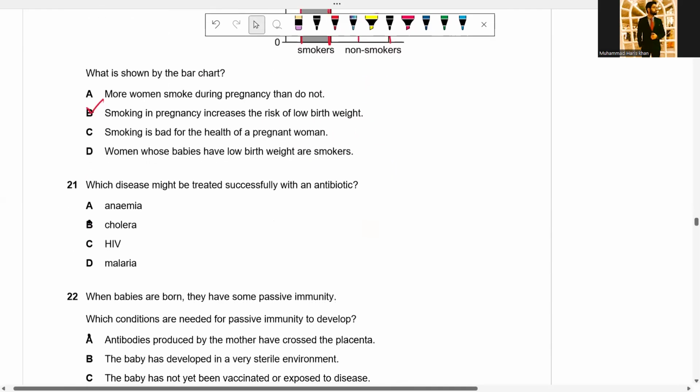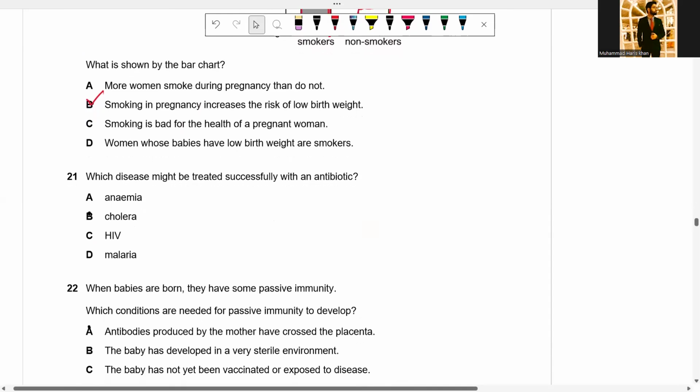Question number 21: which disease might be treated successfully with an antibiotic? A bacterial disease will be successfully treated with the help of antibiotics. Anemia is a condition, not a disease, and is due to iron deficiency. If you cope with the iron deficiency, your anemia will be treated. Number 2, cholera. Cholera is a bacterial disease caused by the bacterium Vibrio cholerae.